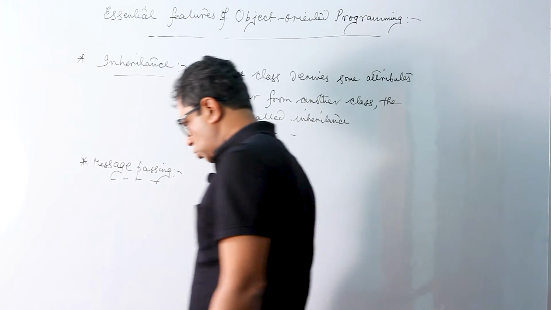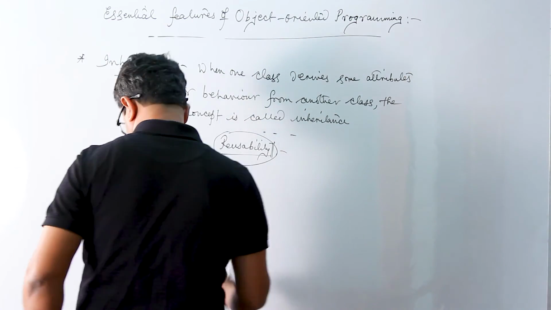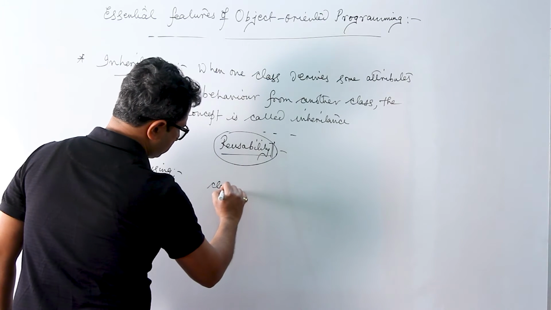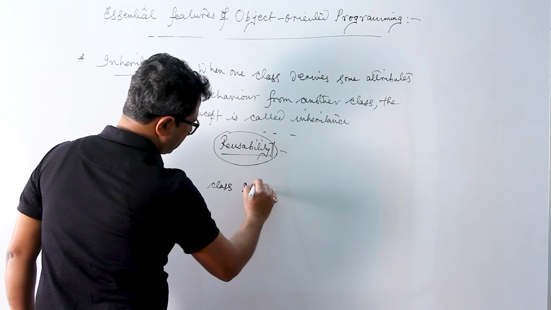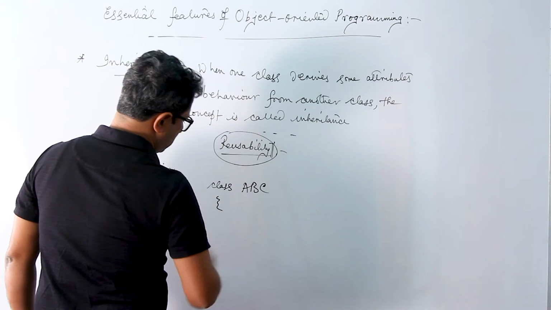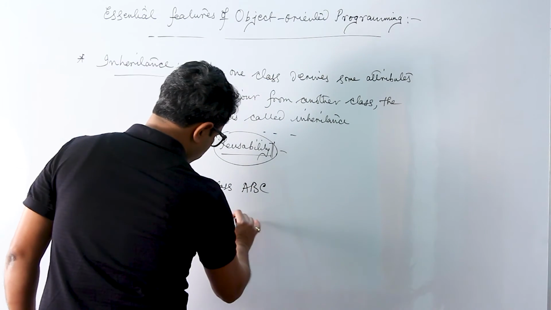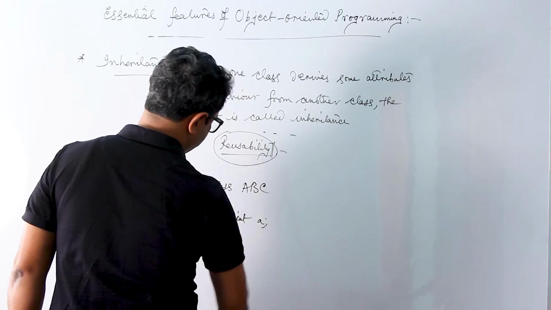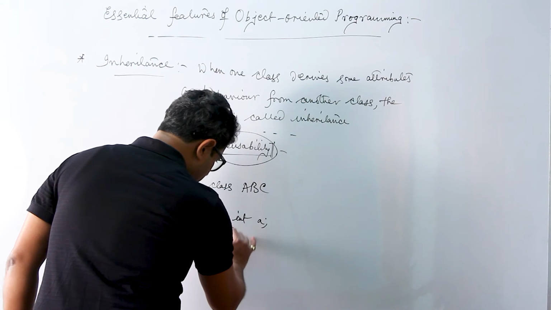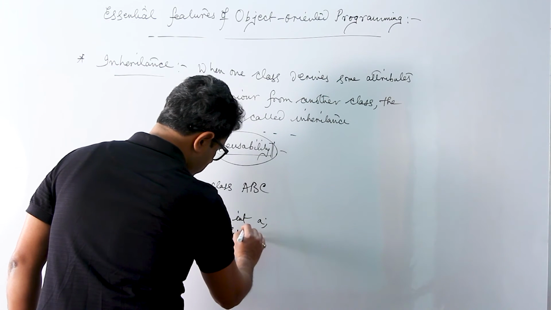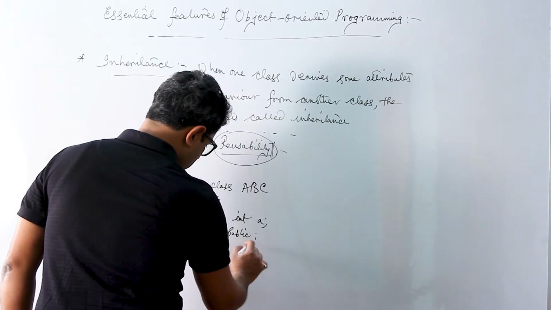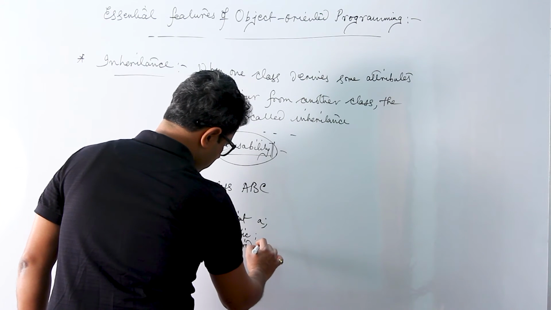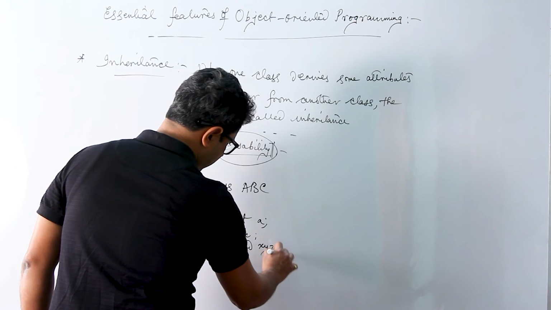Something like this. So suppose I am writing an example: class ABC. It has a data member int A, and it has a function, void xyz.